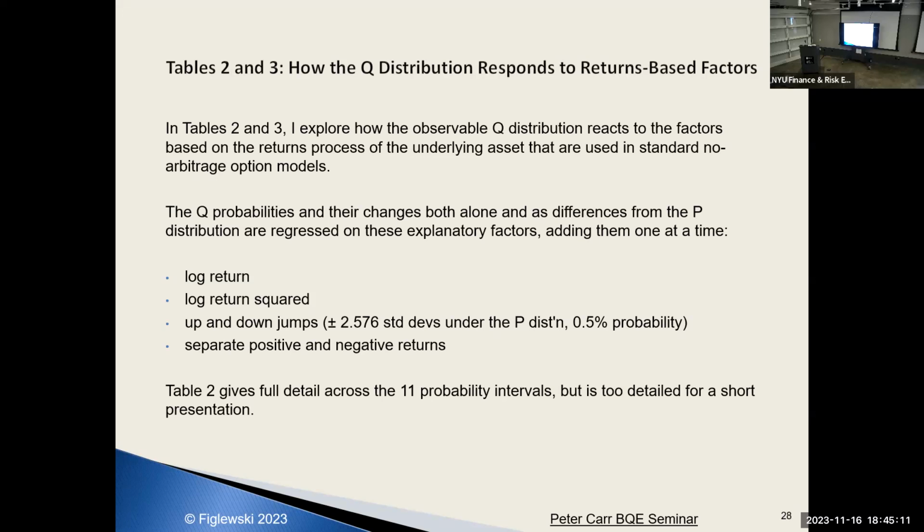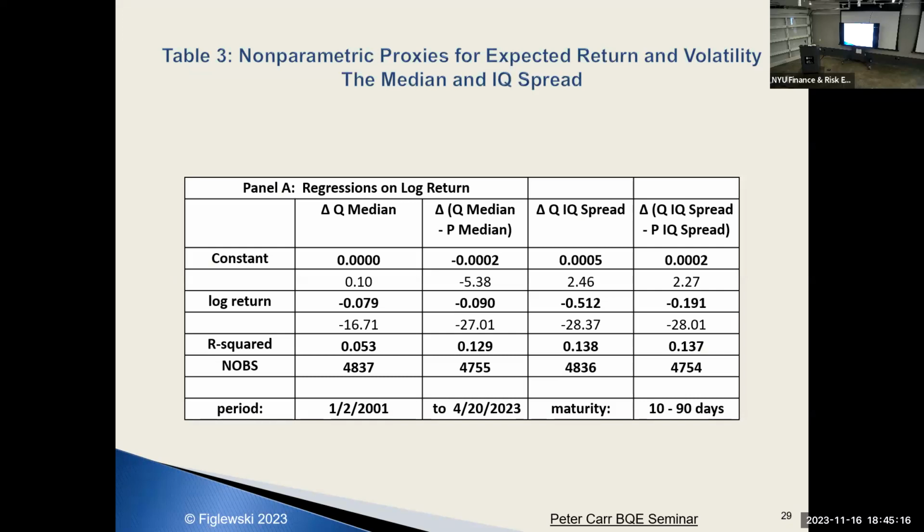Let's look at what the Q distribution does when we see things that normally affect option prices in our models. And I add 4 kinds of things: log return, return squared, jumps, up and down jumps, and then a separate variable for positive versus negative returns, up market and down market.